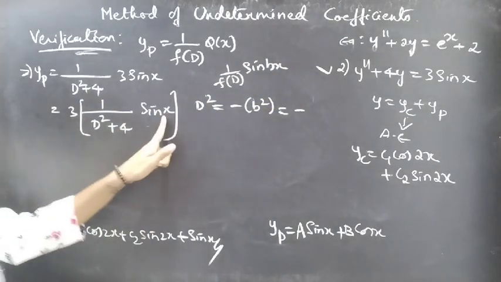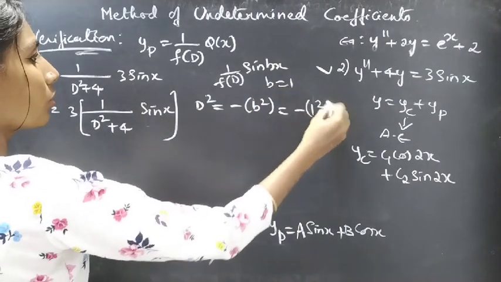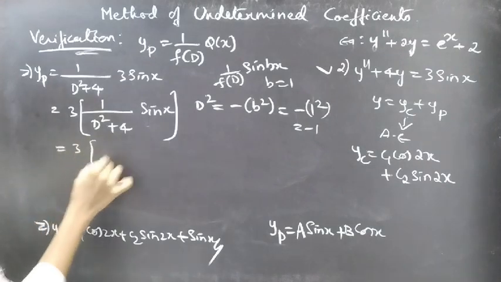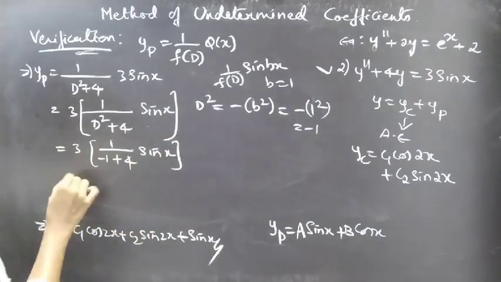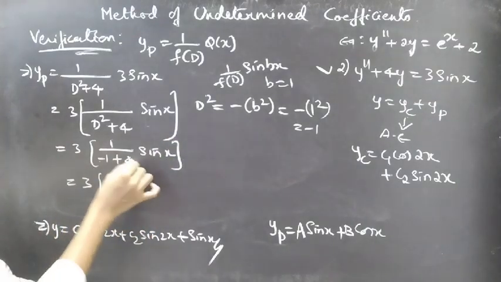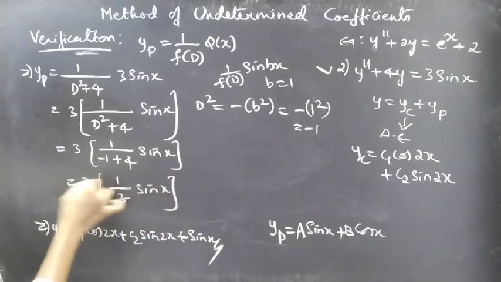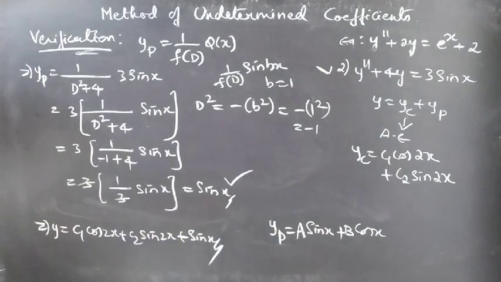Then for b equal to 1, just replace d square by minus 1, and you'll get 3 into 1 by minus 1 plus 4 into sin x, which gives us 3 into 1 by 3 sin x, where the 3 gets cancelled, and you'll get sin x. Right? You got the same thing. So therefore this is the required solution.